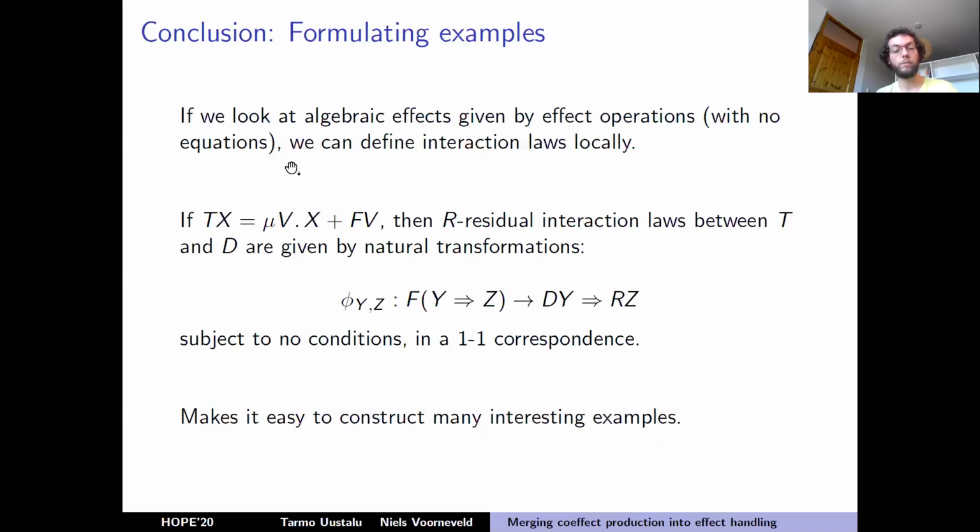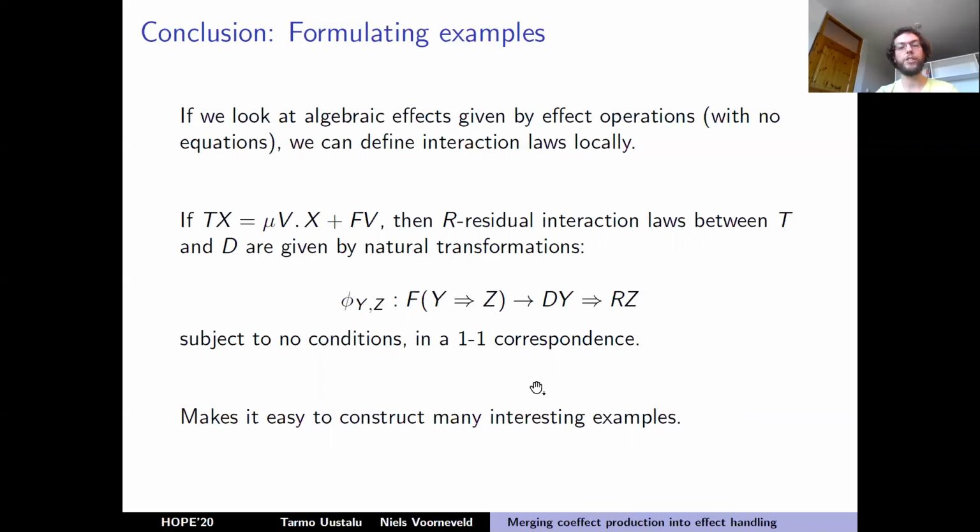And in fact, if the monad T is specified by a functor as a limit of this form, then the residual interaction laws between T and D are given by natural transformations of this form here, which just specify, in each single step, for each effect that's raised, how you resolve this effect.